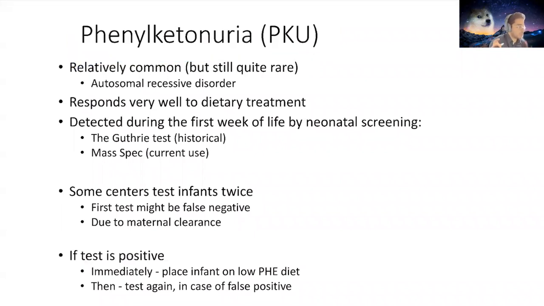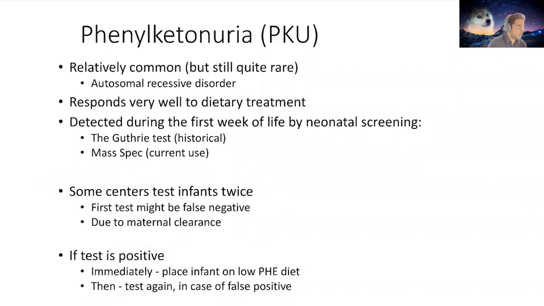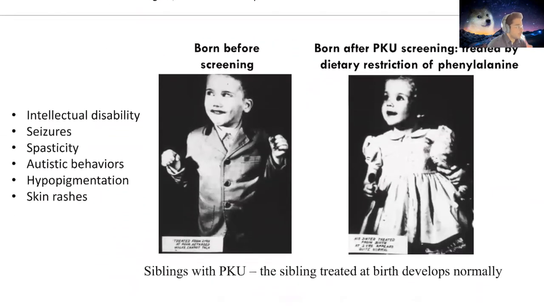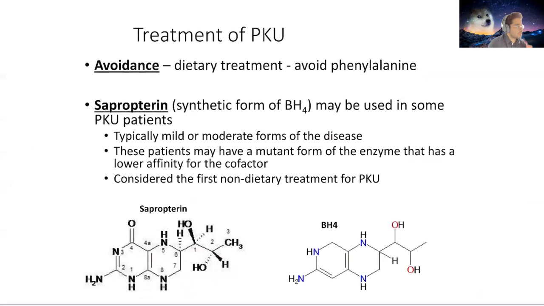And as always, they check in infants twice because remember, mom's blood is still circulating around the baby. So they have to check twice after the baby creates its own set of blood and the liver functions kind of take over. Okay. As always, limit phenylalanine and you should be good. Typically, they can have a normal lifestyle.